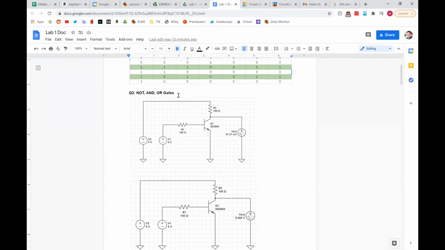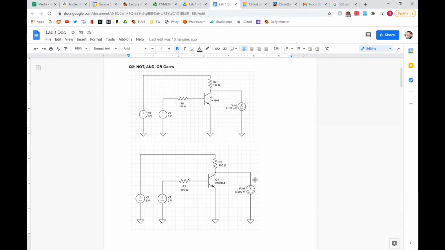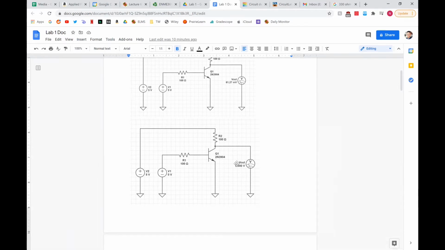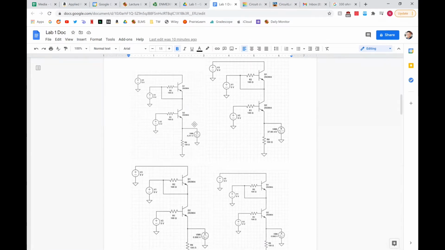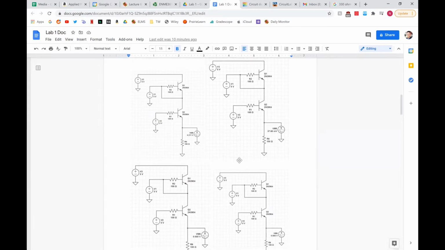Question 2 was to create a NOT and an OR gate in Circuit Lab. So here you can see my two different states for the NOT gate, 5 being on and then inverted to nearly 0, and then at 0 volts, V out gave you 5. Here you can see my AND gates, all 4 different states that are associated with an AND gate.